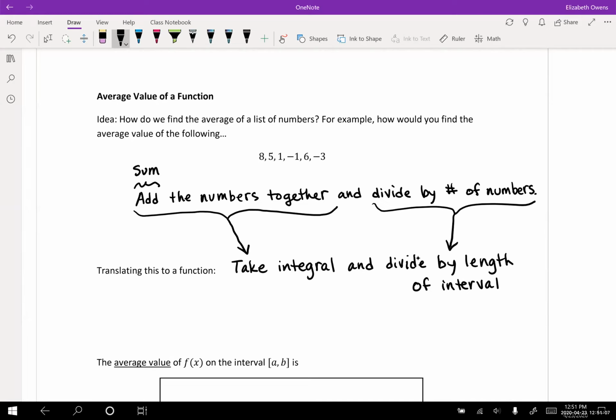Okay, so that same idea we can just extend to a continuous function. Add things together, take the integral, divide by the number of numbers, divide by the length of the interval that you're looking at.